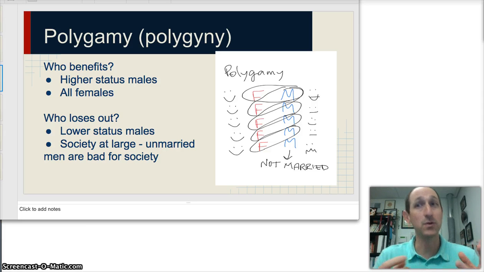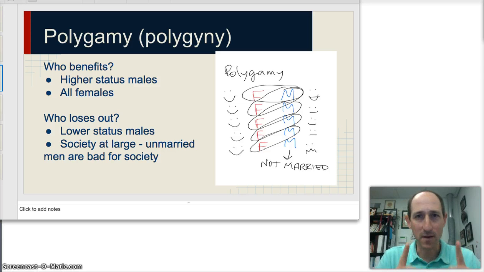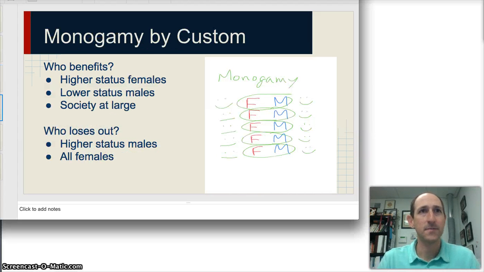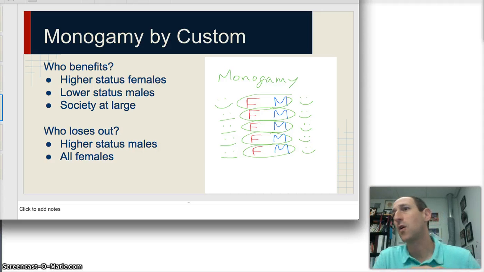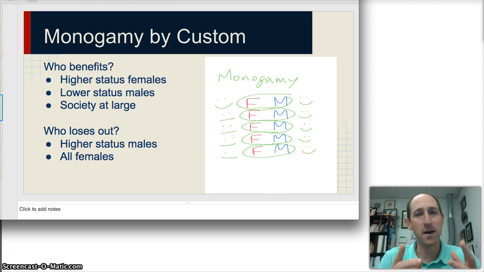So who has the most to lose if you have a lot of unmarried males around? The answer is males at the top of the hierarchy. Even though you might be the male at the top and you might be monopolizing more than one female, if there are a lot of unmarried males, you might have a rebellion or revolution on your hands, and you might lose all of your well-earned or inherited wealth and status.